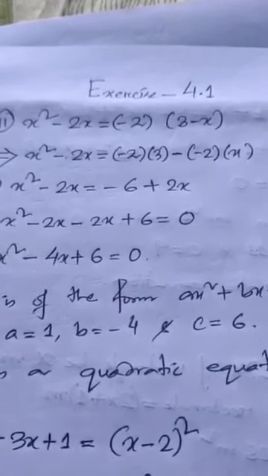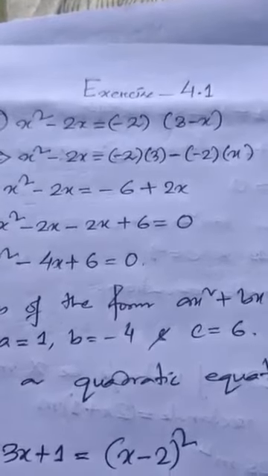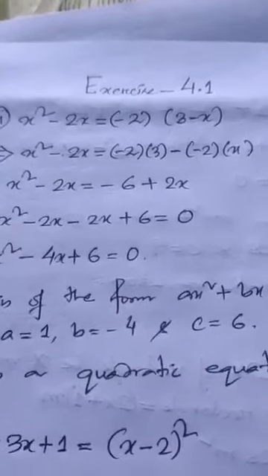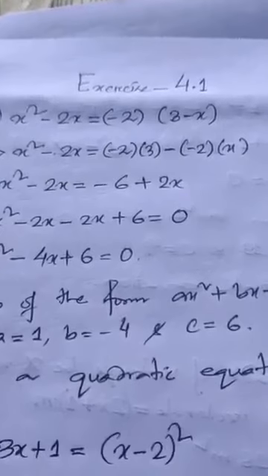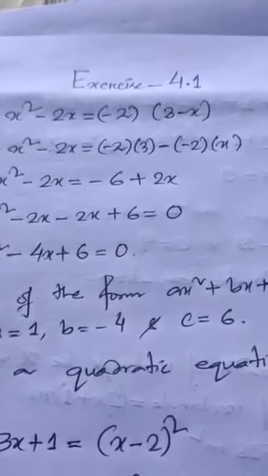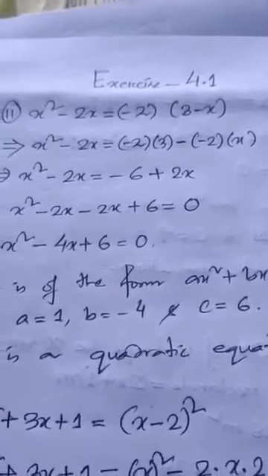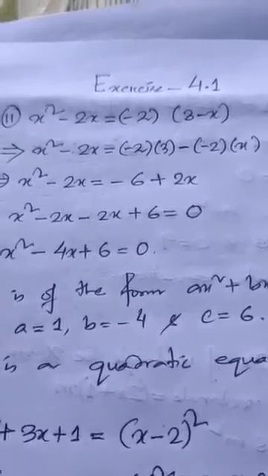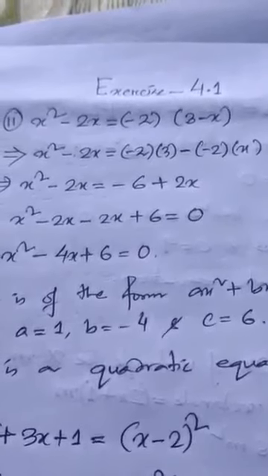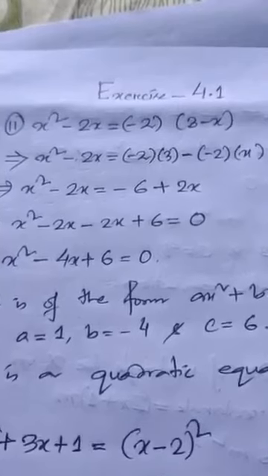Now in the next step, x square minus 2x will come as it is again. Then here minus 2 times 3 is minus 6, you all know about this. Then minus and minus is plus, so 2x. Then in the next line, x square minus 2x, and whatever was there on the RHS, we are transposing to LHS.